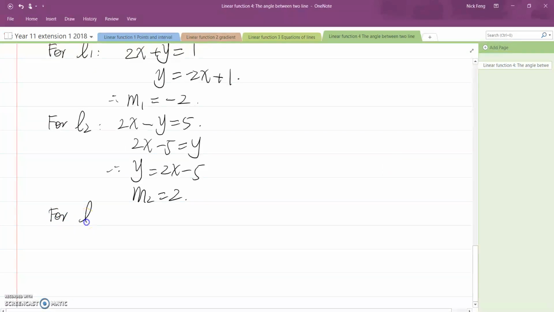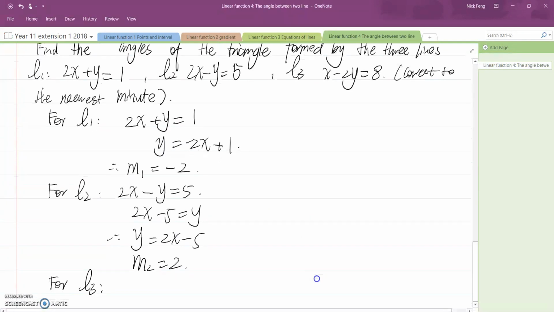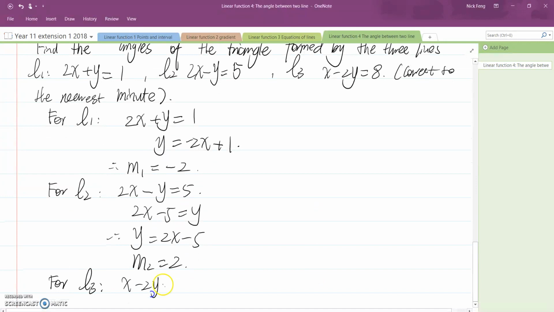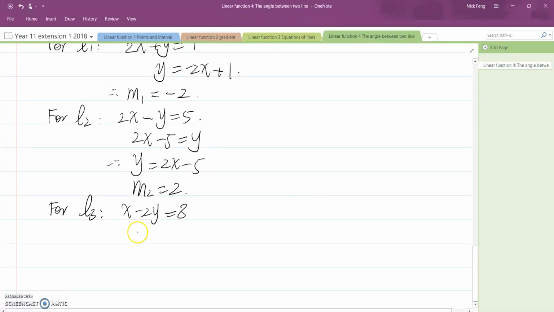Next one, for L3, what do you have? x − 2y = 8, again move it to the right side, x − 8 = 2y, and then y = half x − 4. So therefore, m3 equals positive half.